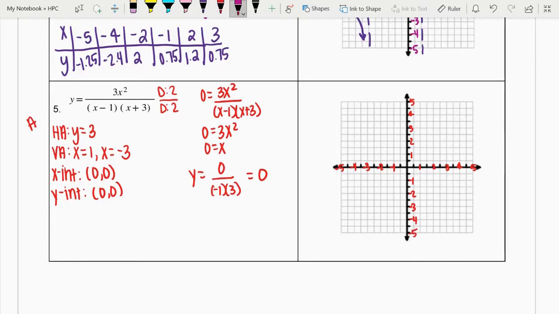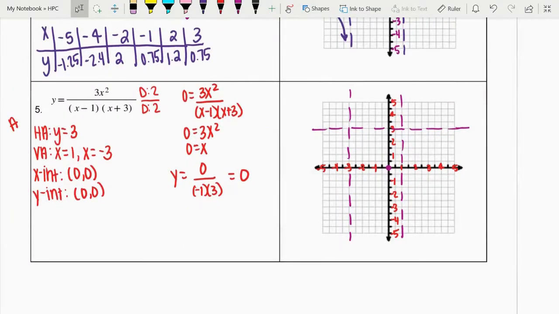Okay, so then I am going to have my horizontal asymptote at y equals positive 3. And my vertical asymptotes at x equals positive 1 and at x equals negative 3.